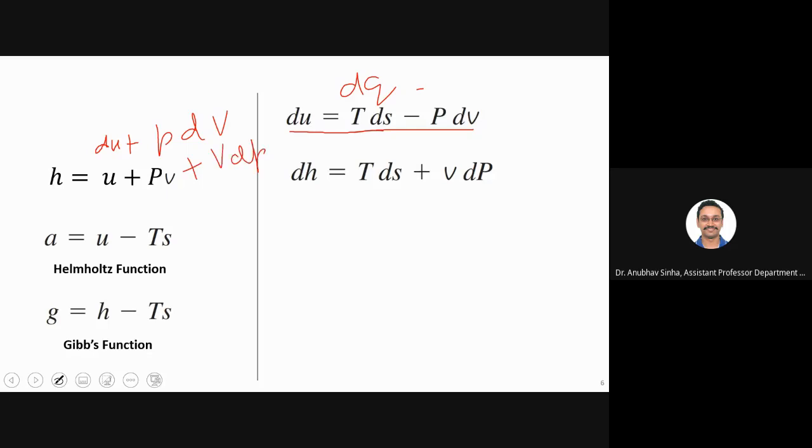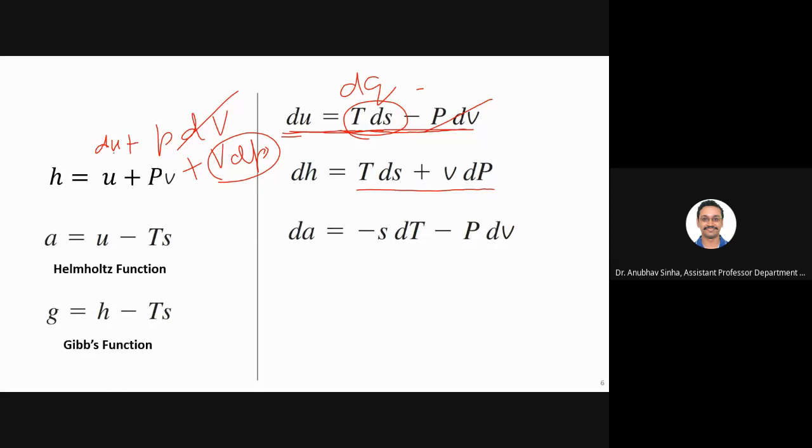Now if you look at this, dU is equal to TdS minus PdV. So if I add dU plus this, PdV will get cancelled, right? What I'm left with is TdS and VdP. So this is what is written here. Is this clear? Yes, sir. Okay. Now similarly for dA, I can use this. Let me delete it first so that it becomes clear.